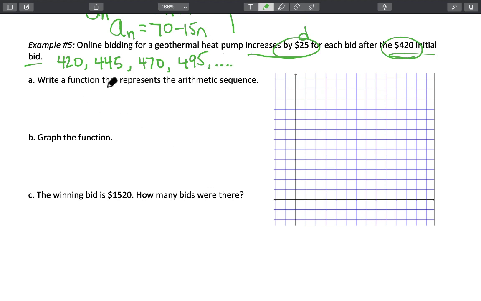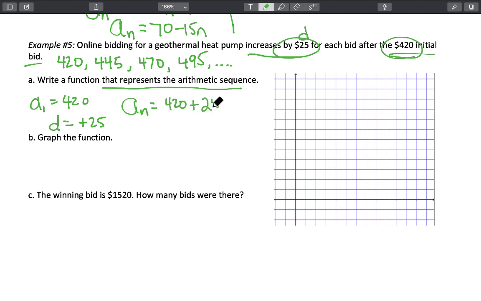So let's write a function that represents this arithmetic sequence. I have my first term of 420, and I have my common difference of positive 25. So I will write a sub n is equal to 420 plus 25 times n minus 1.